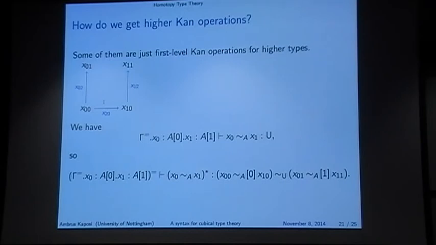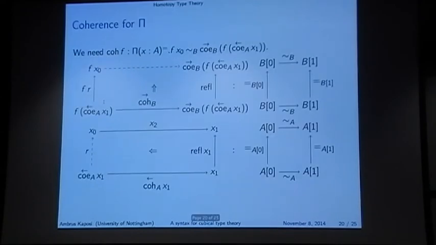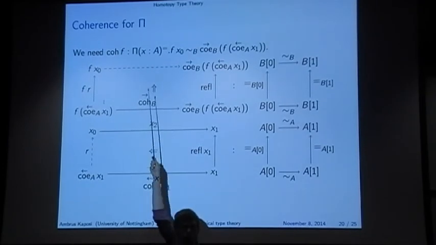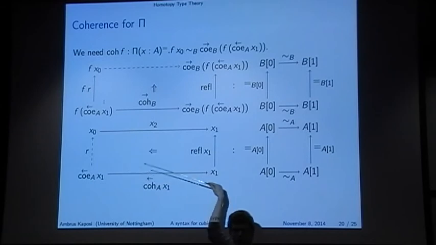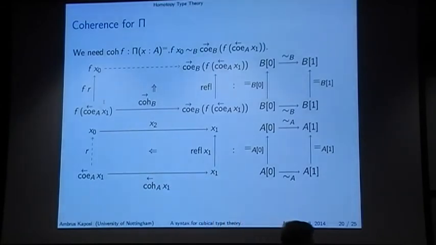And with the help of this, I am able to define this filling here, because it just goes in the same direction. I also needed a filler in this direction, but that's just the uniqueness condition for the other direction.